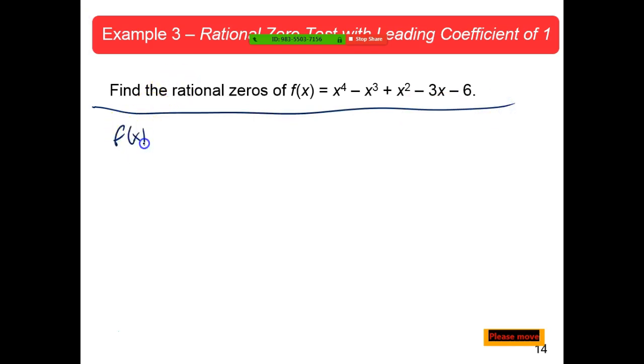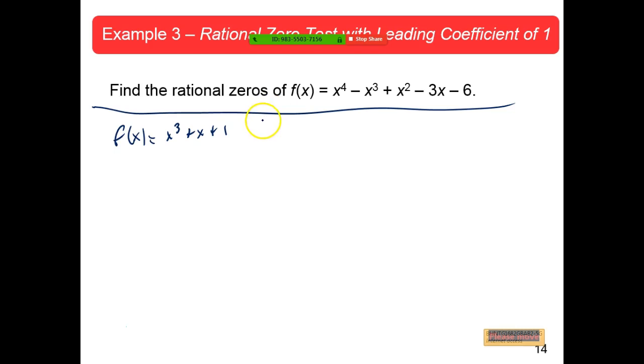f of x is equal to x cubed plus x plus 1. Now, all they say here is, find, if possible, the rational zeros of that. So what are the possible rational zeros?